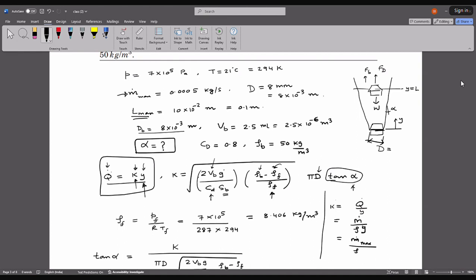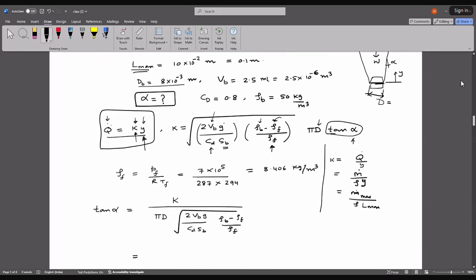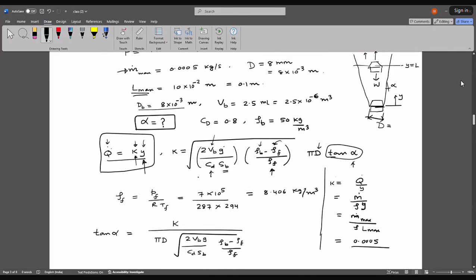In this, Y is basically L max. So if you substitute all the values that we know, this is 0.0005, as we have noted down here.